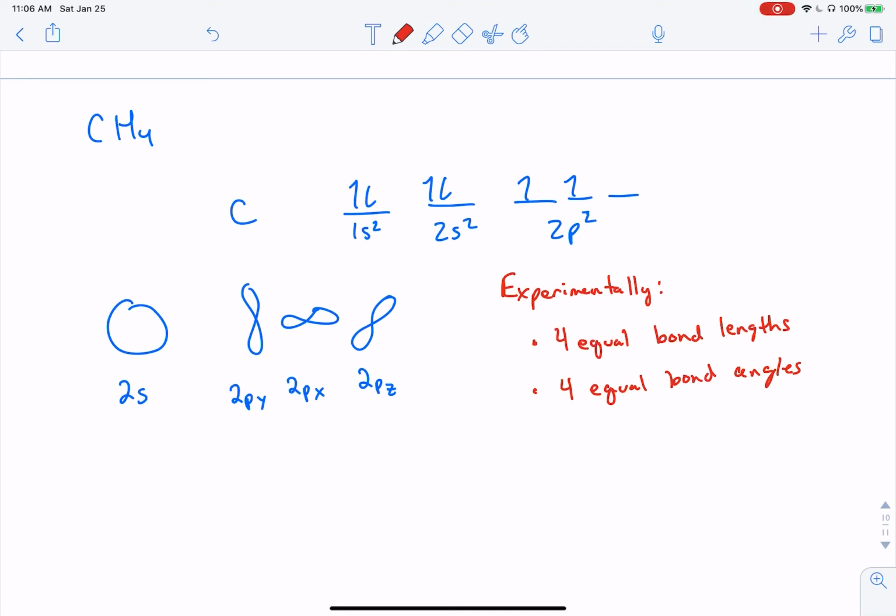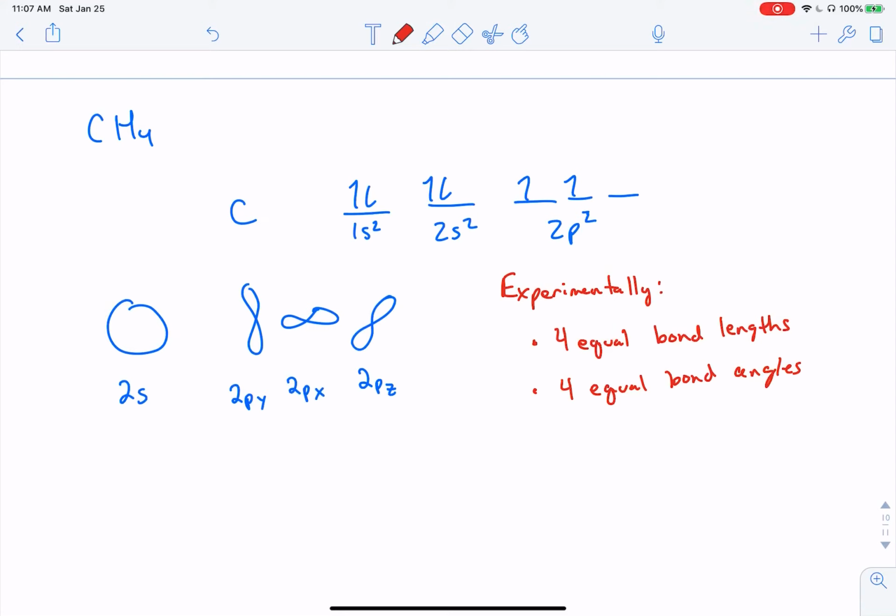Can you derive that from these 4 orbitals? Can you derive 4 equivalent bond lengths from these 4 orbitals? The answer is no. Okay, so scientists had to come up with an explanation for what happens when these orbitals start bonding with other structures.